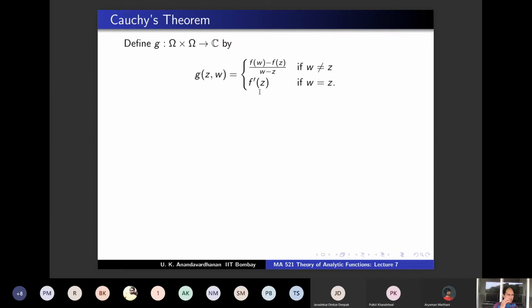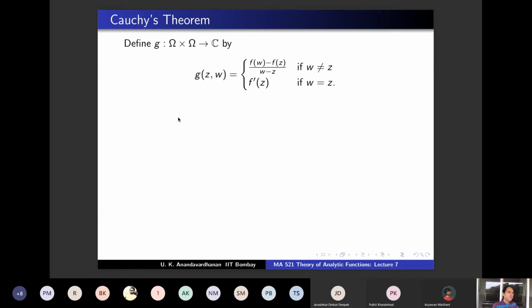You remember that when we proved the Cauchy integral formula for a convex set, we considered a function on omega defined by g of z equal to this for w not equal to z, and this for w equal to z. Then continuity is automatic just from the definition. The limit as w goes to z is by definition this. So one variable continuity is obvious almost by definition.